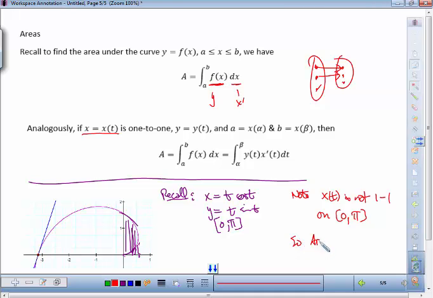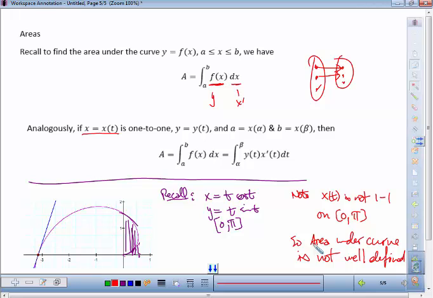Area under the curve is not well defined. So that's a little note that says x of t has to be one-to-one.